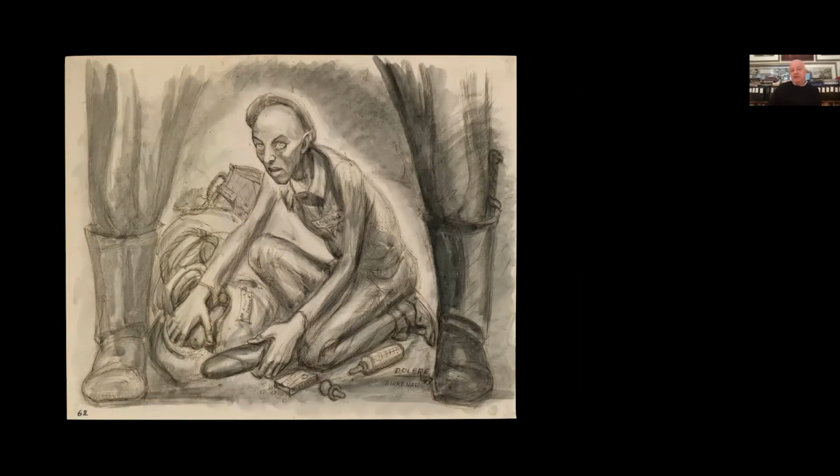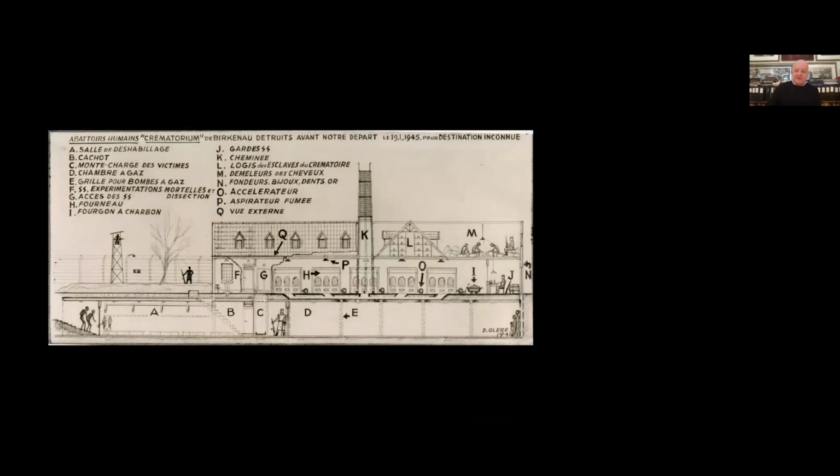This is a self-portrait he creates after the war of him as he was working in the gas chambers, when he had to clear out the gas chambers. But he draws in 1945 his section of crematorium number 3, which is the mirror image of number 2.